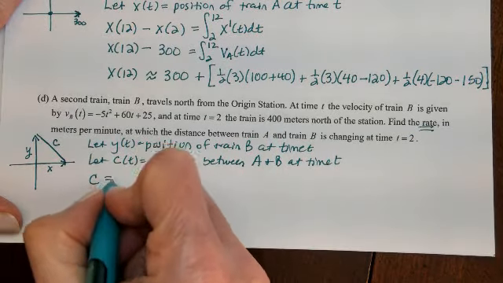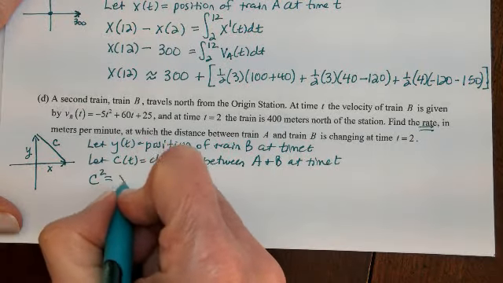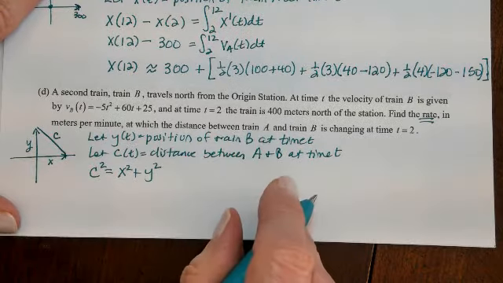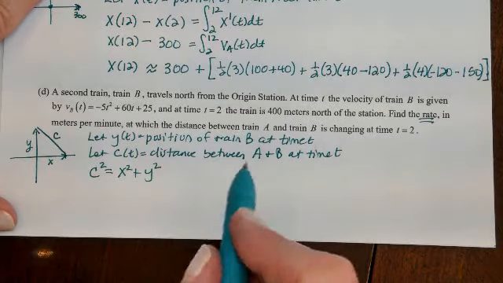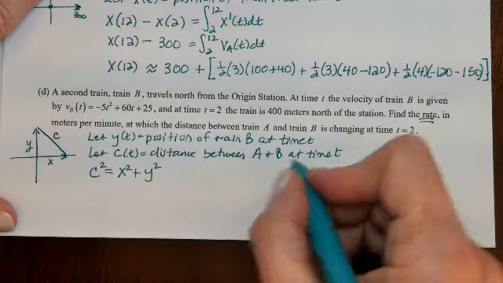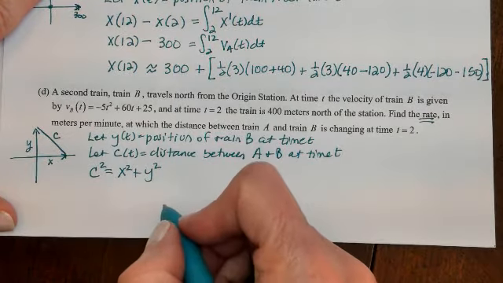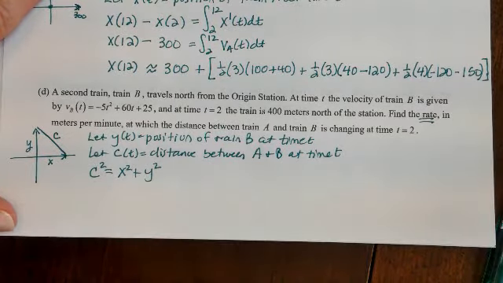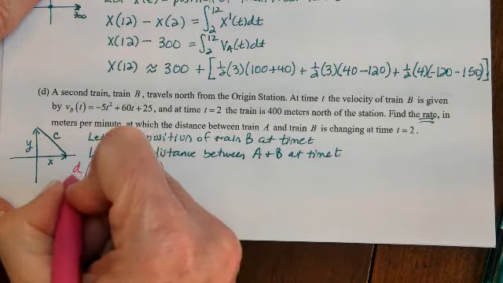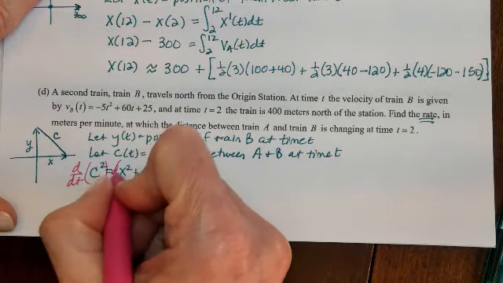Then C squared is equal to x squared plus y squared, and I want the rate of C. So I want dC/dt, right? It's a related rates problem, so I take the derivative of both sides with respect to t.